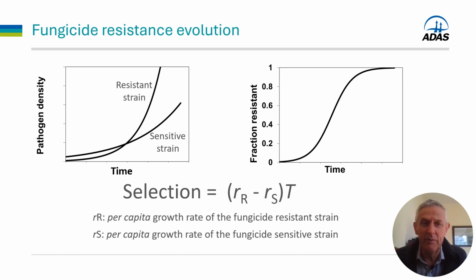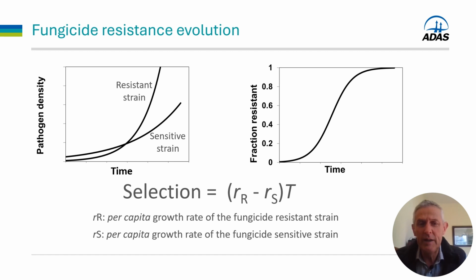The epidemic of that strain is going to proceed more rapidly than the sensitive strain, and that competitive advantage leads to what we see on the right, which is the fraction of the pathogen population which is fungicide resistant increasing through time, and at a certain point along that timeline we're going to have some loss of control that we were previously able to obtain from the fungicides.